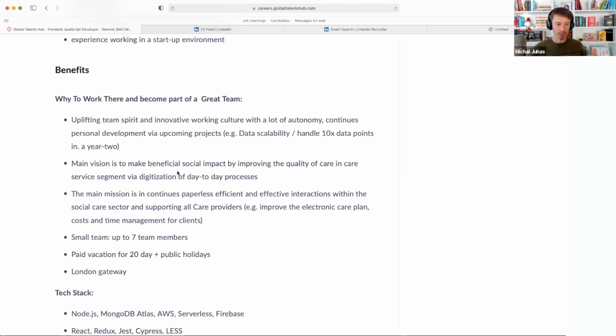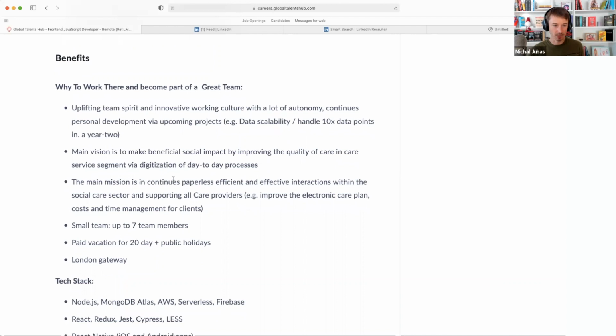Everything about what they eat, all the meals, all the drugs they take, all the heart rate, all the measures they take, they store in this system. So they have millions of data points, which could be interesting for developers who are keen to work with data and big data going forward. So that's another interesting angle.